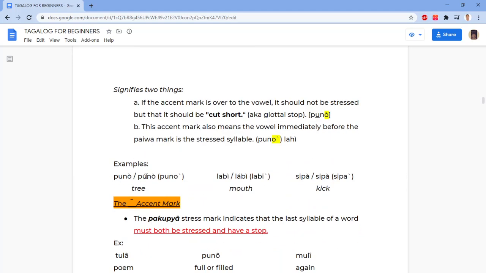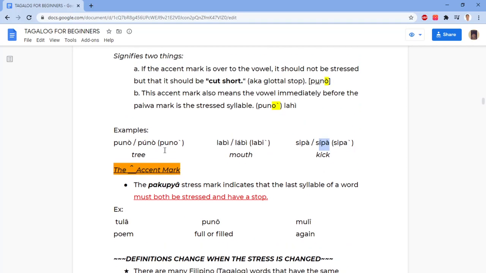So, puno, puno, labi, labi, sipa, sipa. Make sure you have a catch or glottal stop at the end of the word.